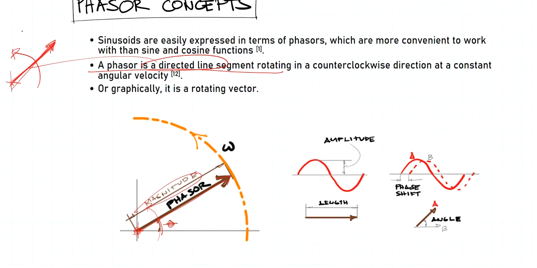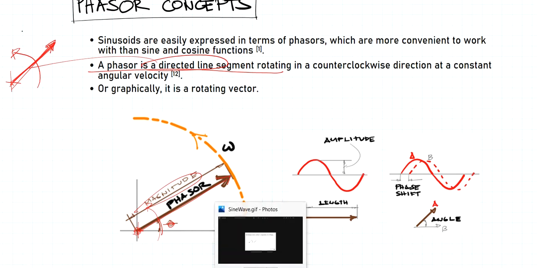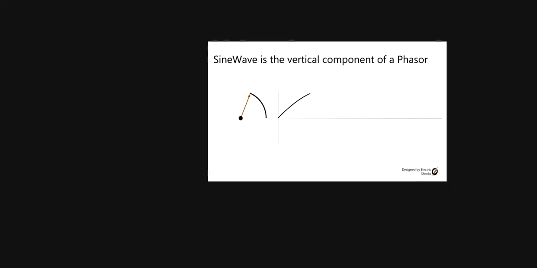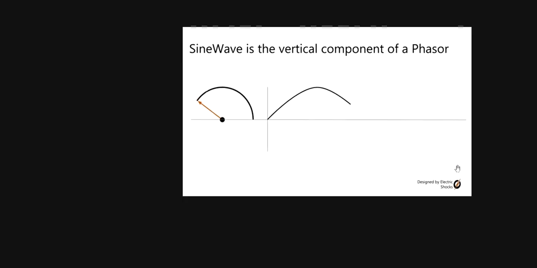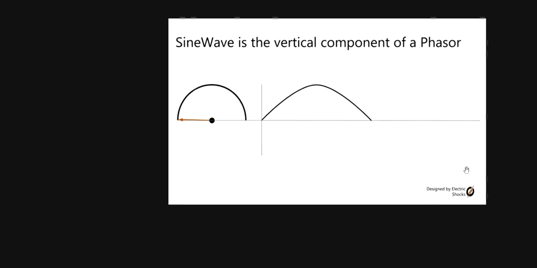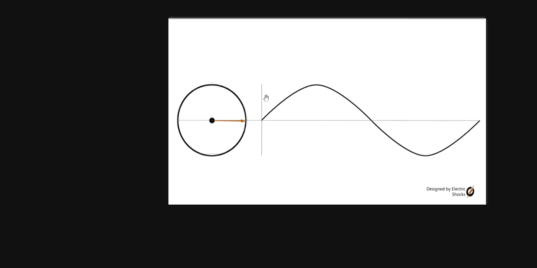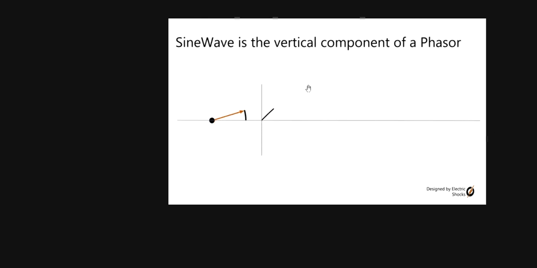I have here downloaded some GIF from the internet, from this reference, designed by Electric Shocks, so credits given to them. This is a rotating vector on the left side, and on the right side, that's the waveform generated.